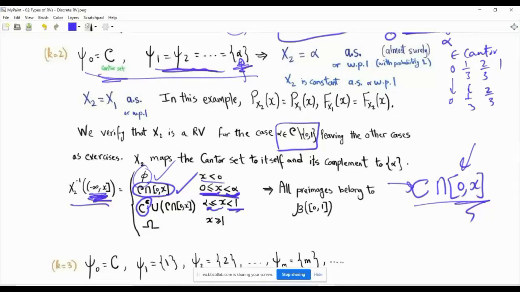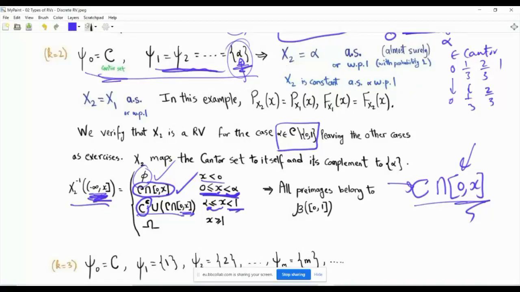So basically what we have here is the Cantor set intersected with [0, x], and also all the numbers not in the Cantor set, which by definition we map to alpha.